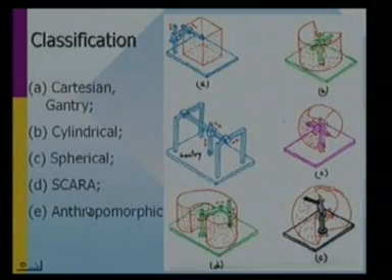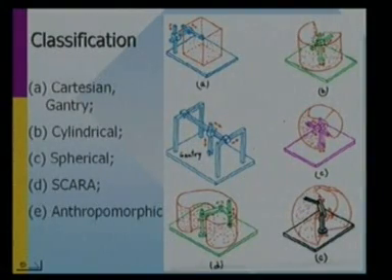Here we do the classification of robots. When we talk about robots here, we are talking only about serial industrial robots, like the robots which do welding and painting. We classify a Cartesian robot, called so because its endpoint moves in a rectangular box in Cartesian coordinates x, y and z.